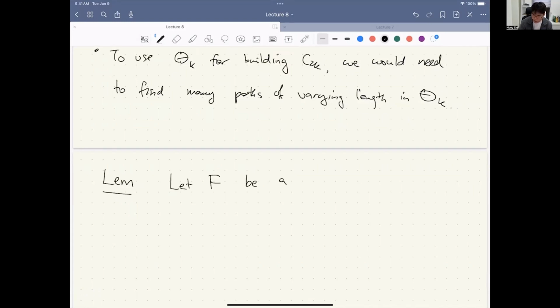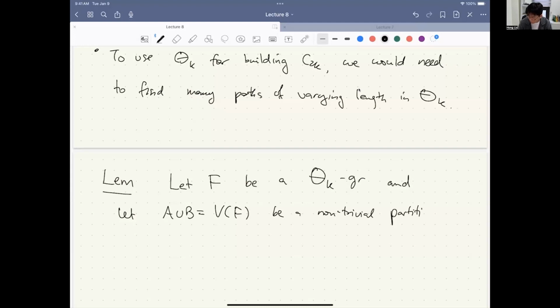Let F be a theta k graph, and let A union B be a non-trivial partition of VF.